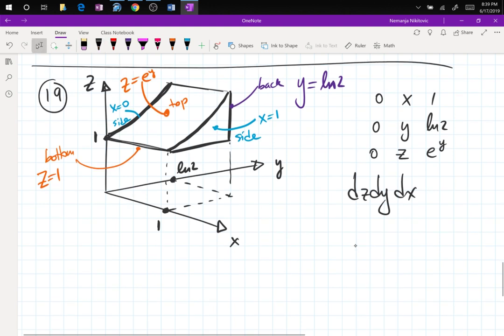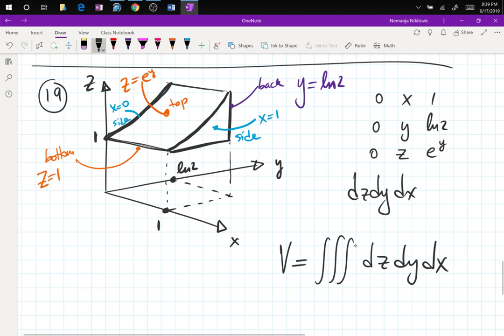We will not be using this case for 23, the next problem, but now we can. And the volume integral here is a triple integral. Do dz, dy, dx. X is 0 to 1. Y is 0 to ln2. And finally 0 to e to the y. And we are done.